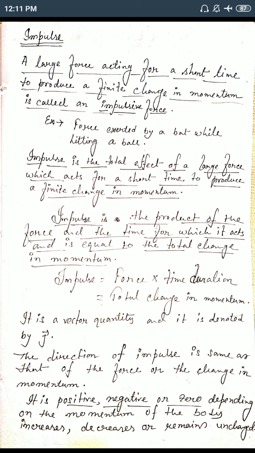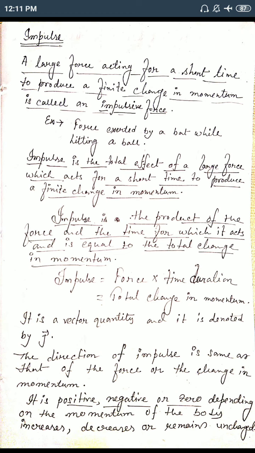The property or characteristic of that resistor is called resistance. In the same way, the large force acting on an object is called impulsive force, and whatever effect results after applying that impulsive force is called impulse.